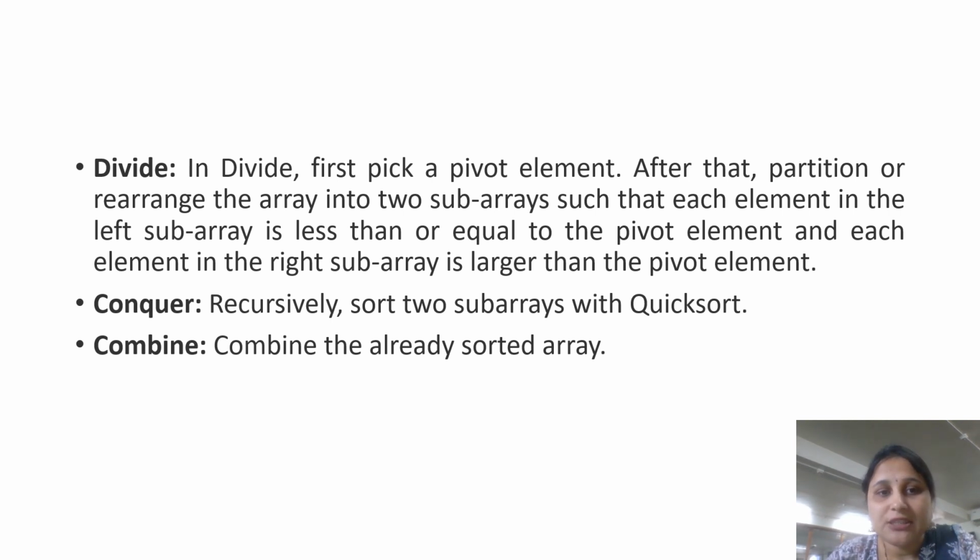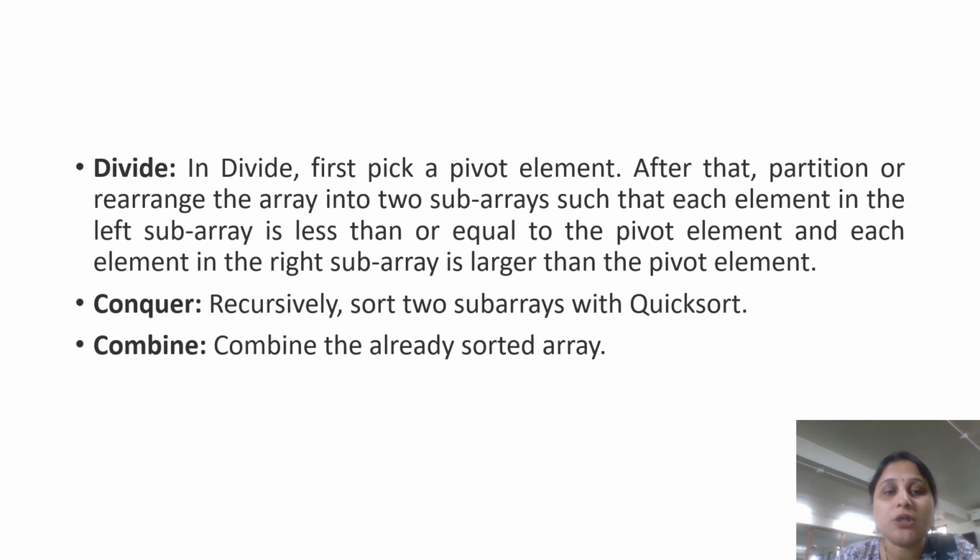After that, we partition or rearrange the array into two subarrays such that each element in the left subarray is less than or equal to the pivot element and each element in the right subarray is greater than the pivot element. Okay.